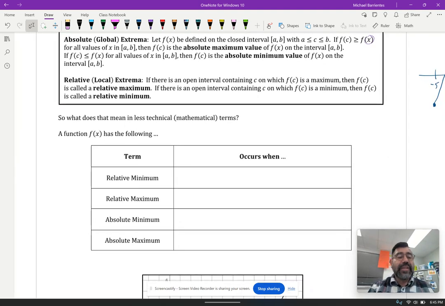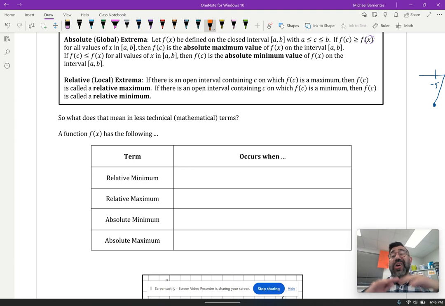So he asks the question, so what does that mean in less technical math terms? Well, think of your height. So in our class, there is a tallest person, and in our class, there is a shortest person. That would be relative to our group. We have a relative minimum, the shortest person, could be me, and a relative maximum, could be somebody else, not me.